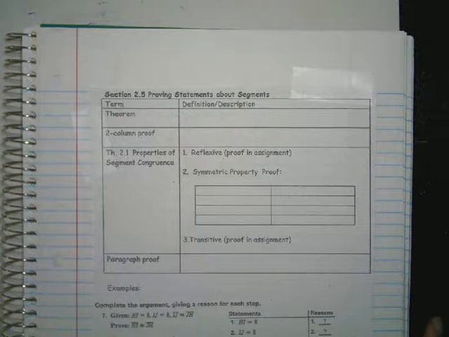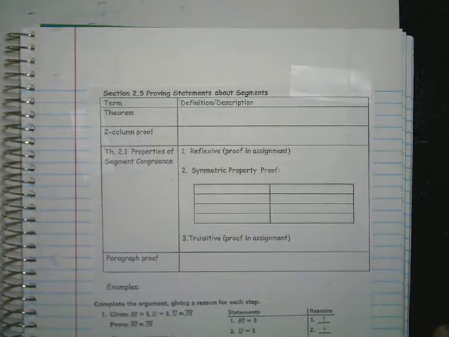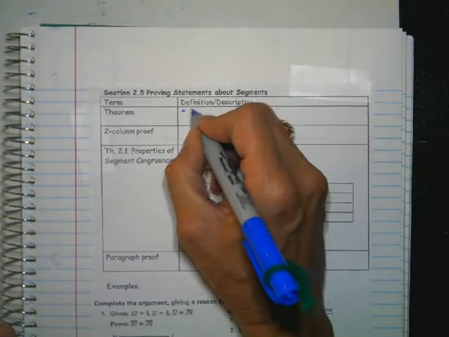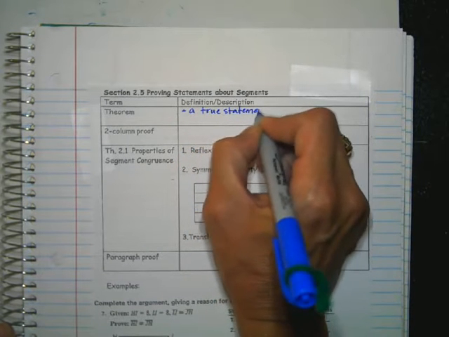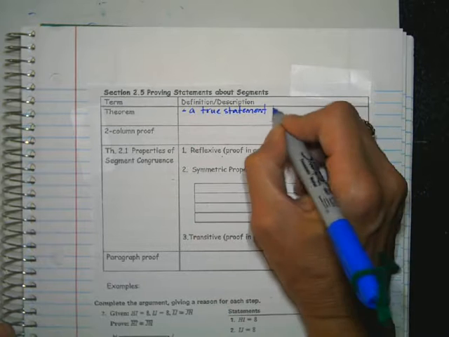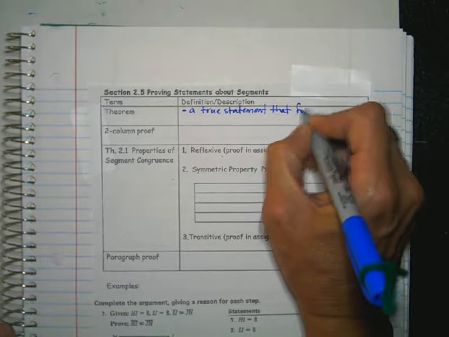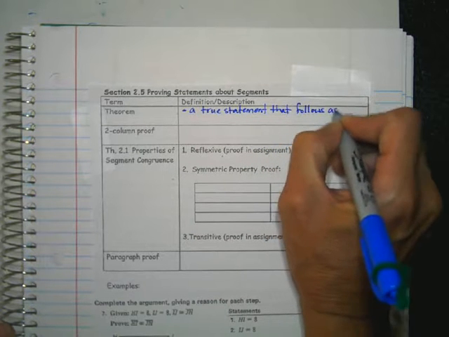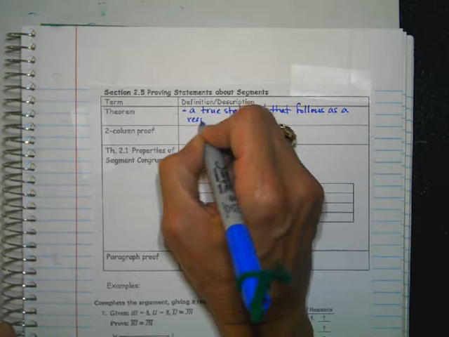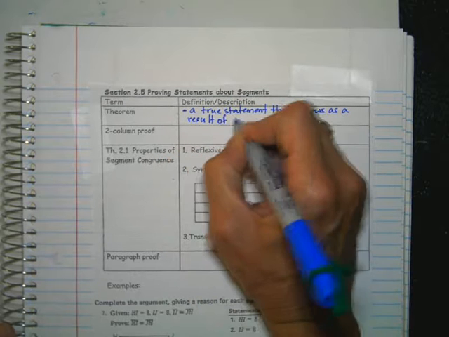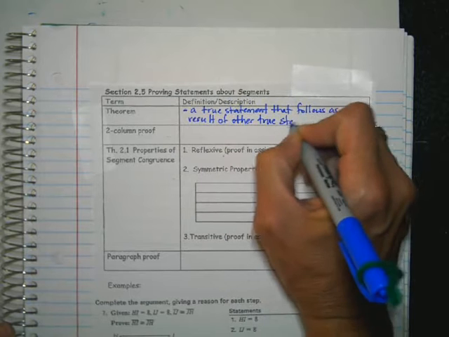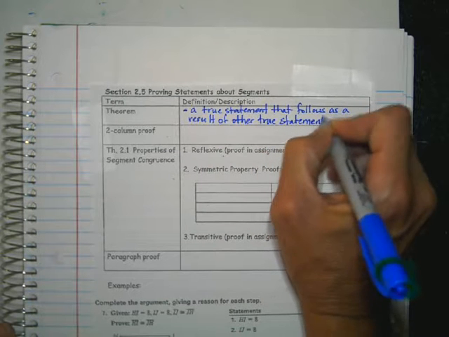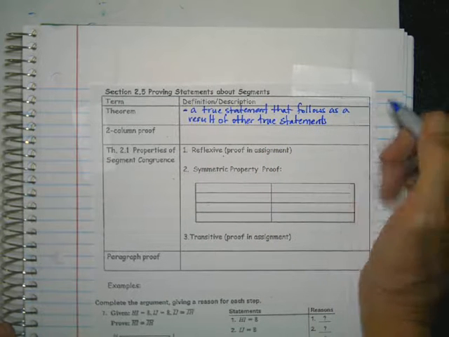So the first thing is a theorem. A theorem is a true statement that follows as a result of other true statements and can be proved.